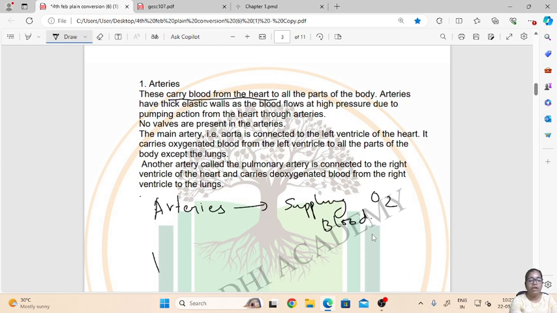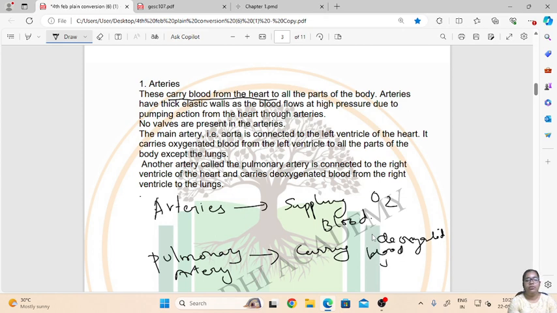Only the pulmonary artery will carry deoxygenated blood to the lungs, and all other arteries supply oxygenated blood to all the parts of the body, from the heart to the other parts of the body. Only the pulmonary artery will carry deoxygenated blood to the lungs, and from over there it is converted into oxygenated blood. So this is how arteries function.